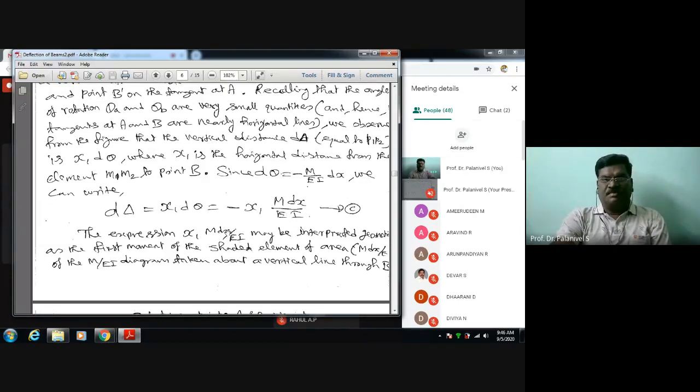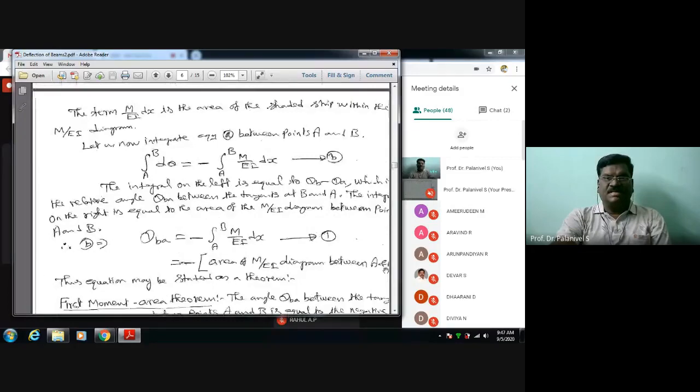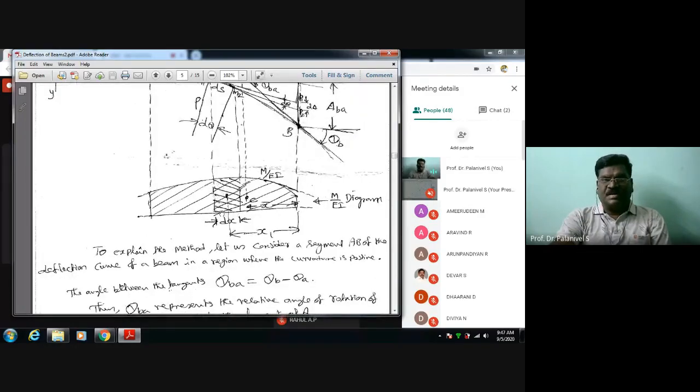This expression, x1 M by EI dx, may be interpreted geometrically as the first moment of the shaded element area, M by EI into dx, of the M by EI diagram taken about the vertical line through B. It is nothing but the moment of this small shaded area about B, taken with respect to the vertical line passing through point B, so you multiply by the perpendicular distance.